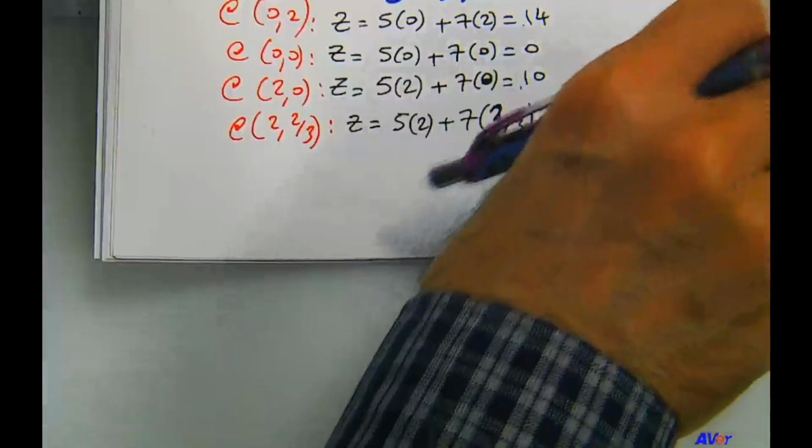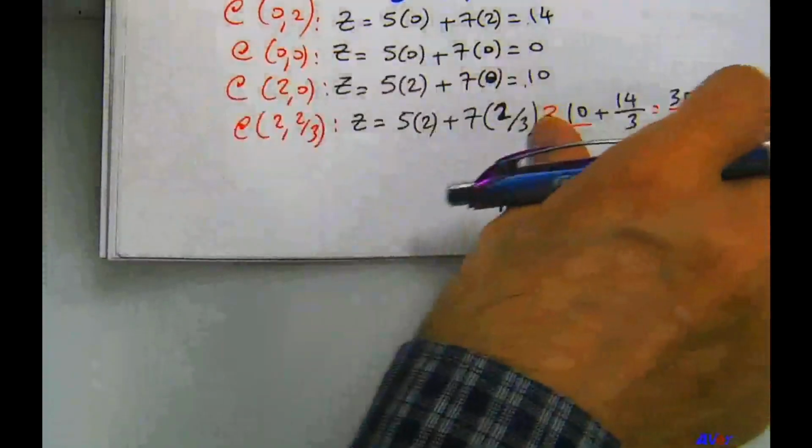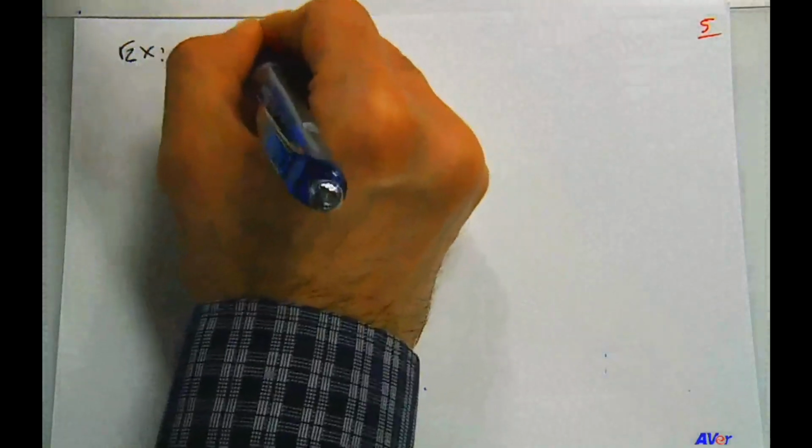Okay, so that's one example, or the second example. Let's see another example before we wrap up this section. Okay, so this time we want to use the geometric approach.